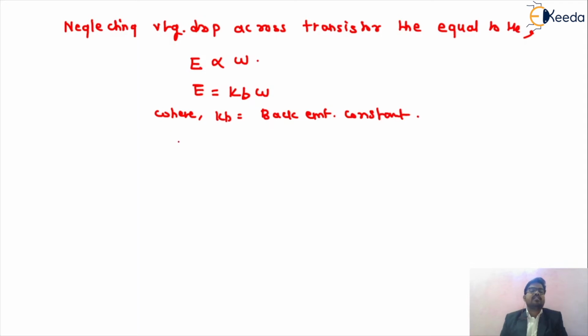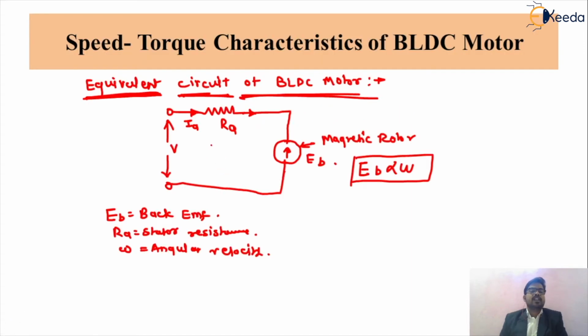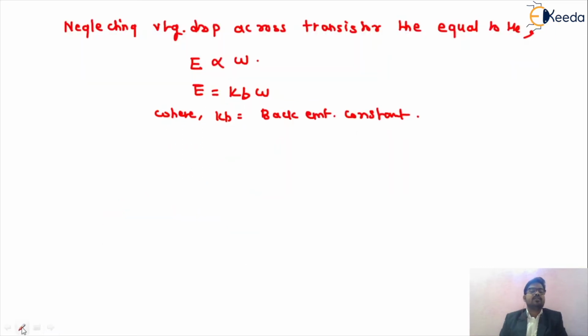Now we apply KVL, Kirchhoff's voltage law, to this circuit, and according to that we get one of the fundamental equations. That is, voltage V is equal to IA, the armature current, times RA, the armature resistance, plus E, the back EMF, which sometimes we call EB.